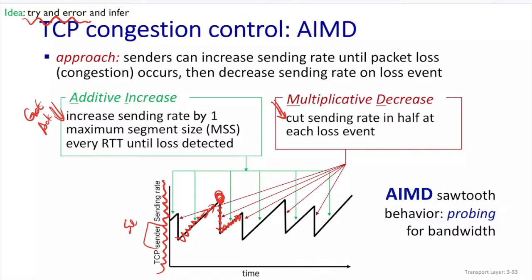So that is called AIMD. That is the way you probe your bandwidth. So after several rounds, you know that your maximum sending rate should be at a certain level. That is the idea of congestion control.